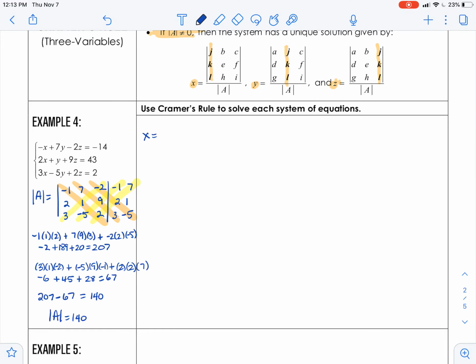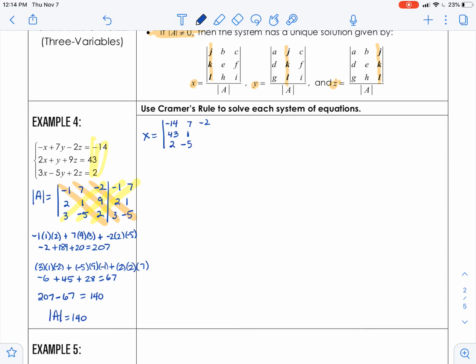So x is going to be, again, we're going to put the -14, 43, and 2 in place of my x's. And then the next column, your y's, will stay the same.